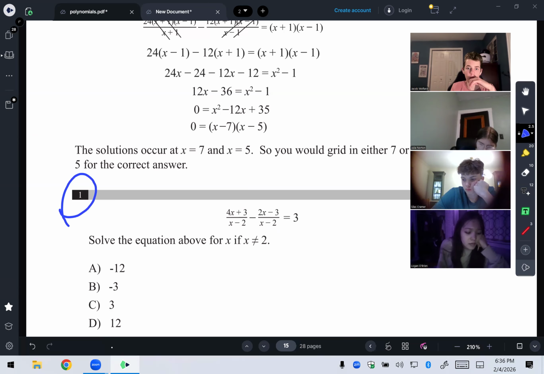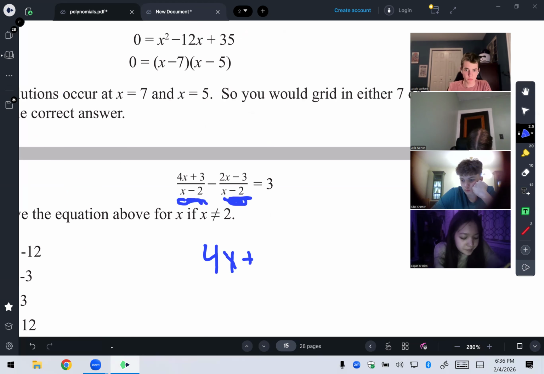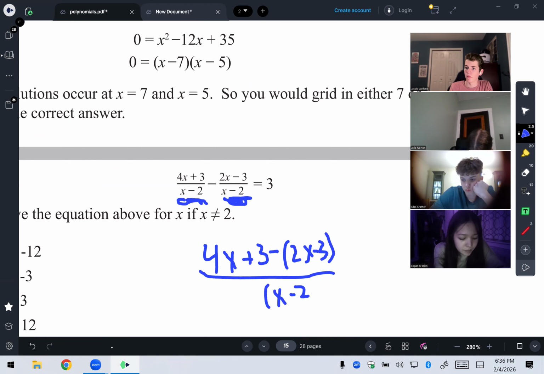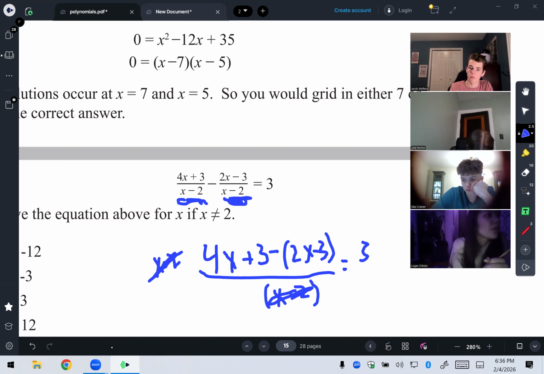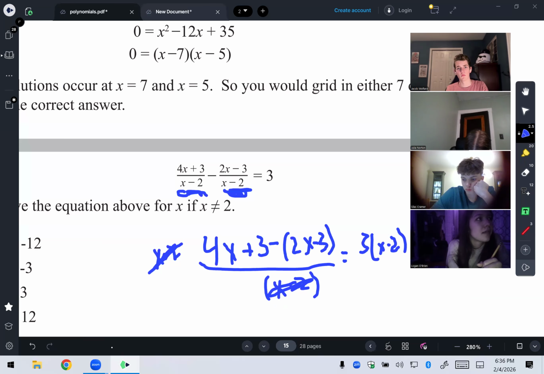Hallelujah. The denominators are the same, right? So all we have to do is combine the top, 4x plus 3, but there's a deceptive negative there. We have to be careful about that. So we have x minus 2, multiply both sides by x minus 2. We can combine like terms.